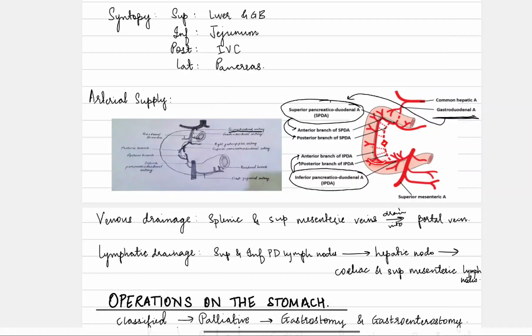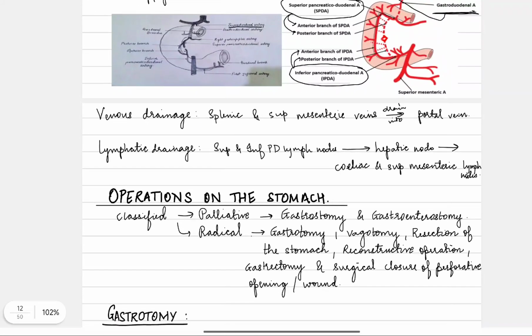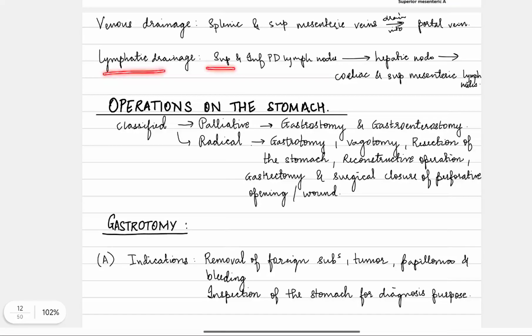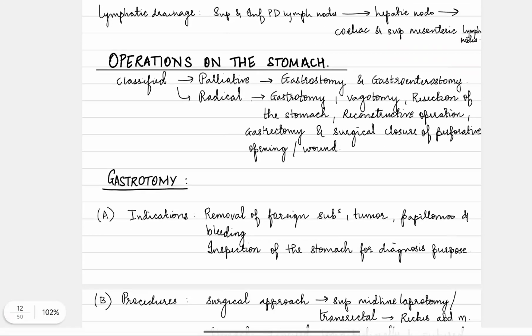It also gives anterior and posterior branches. Venous drainage is the splenic and superior mesenteric veins, which drain into the portal vein. Lymphatic drainage is the superior and inferior pancreatoduodenal lymph nodes, which drain into the hepatic nodes and further into the celiac and superior mesenteric lymph nodes.